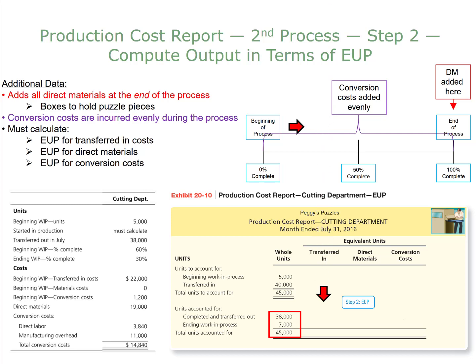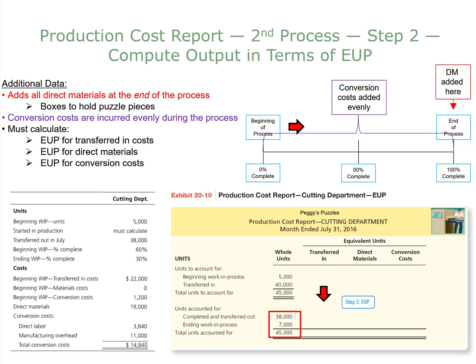Remember, the cutting department receives units from the assembly department. So these units came in with costs assigned to them from the previous department, which was calculated on the production cost report for the previous department, which was the assembly department. If these units were not 100% complete with respect to the previous process, then they would not have been transferred into this department.